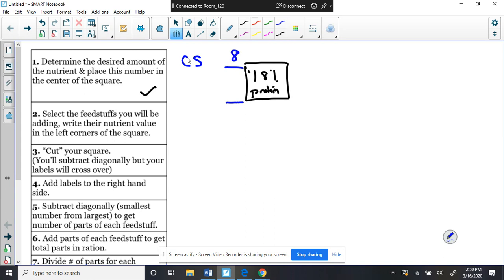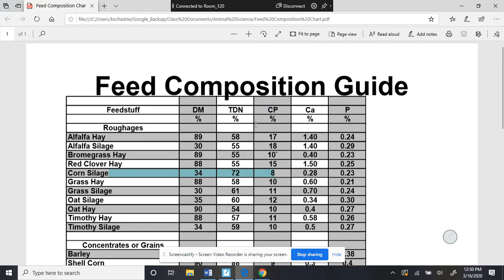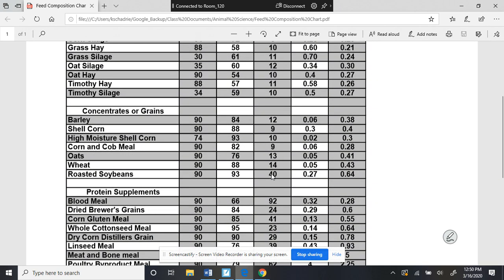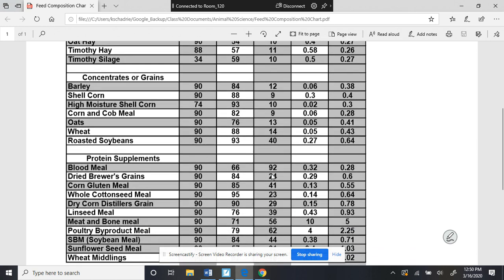So that's my one below, which means that whatever other nutrient I pick, it has to have a protein value of above 18%. So I go back to this chart, and again, I'm using protein, so I'm using this column right here. CP is our crude protein. So now I've got to find one that's above 18 to offset or balance out with the one I just selected.